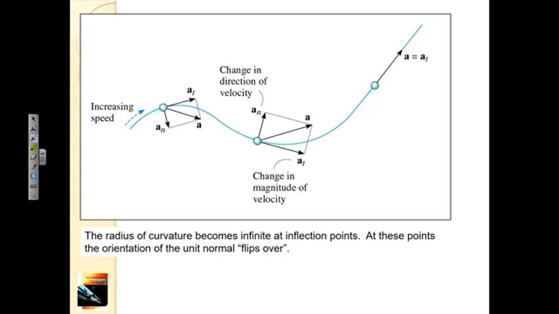So I've got polar, and I've got NT. So for NT, the ones we just did, V dot U hat T plus V squared over rho in the normal direction.